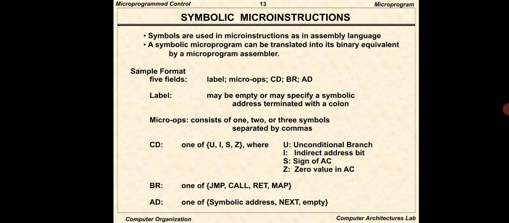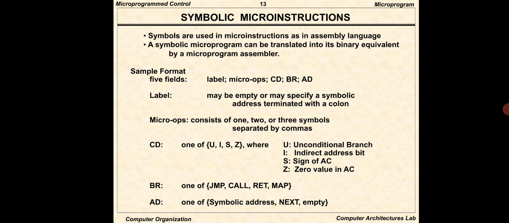Now, what is a symbolic microinstruction? Symbols are used in microinstructions as in assembly language. A symbolic microprogram can be translated into its binary equivalent by a microprogram assembler. So we are going to use symbolic microinstructions.